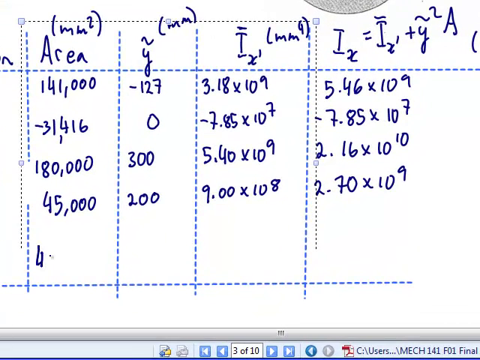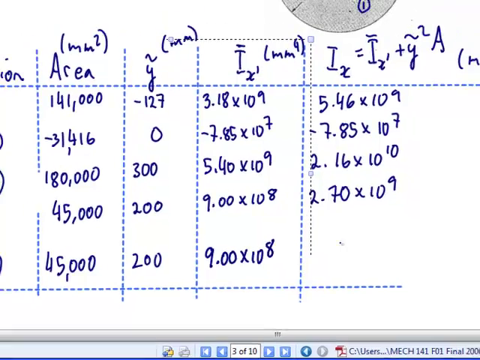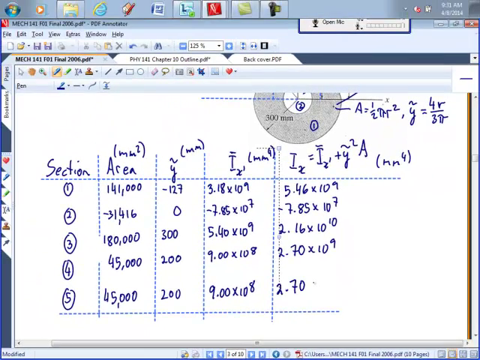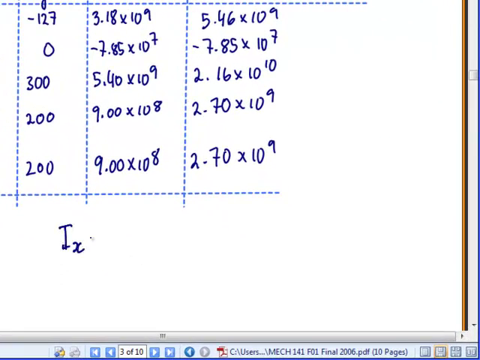So this is also 45,000, also 200, also 9.00 times 10 to the 8, also 2.70 times 10 to the 9. So if we add all of those up, that should give us our moment of inertia about the x-axis: 3.24 times 10 to the 10 millimeters to the 4th.